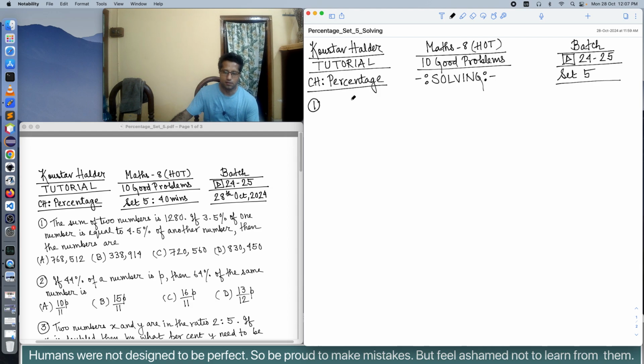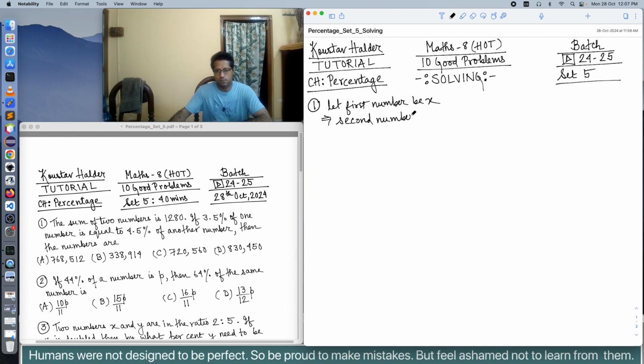But when no ratio is given, only the sum is given, we let the first number be x. This implies, since we know the sum, the second number will be equal to their sum minus x.